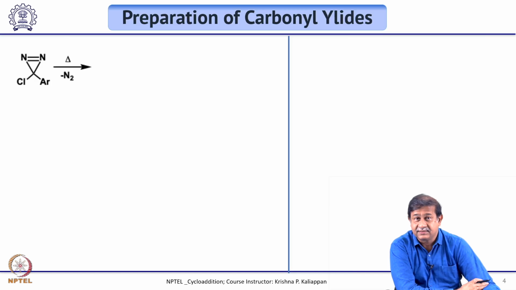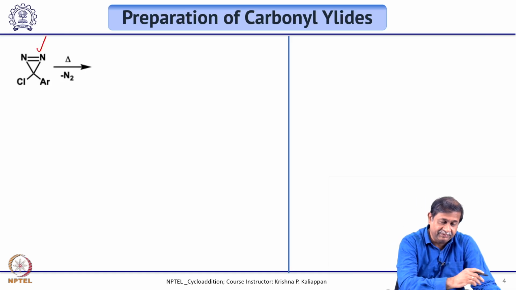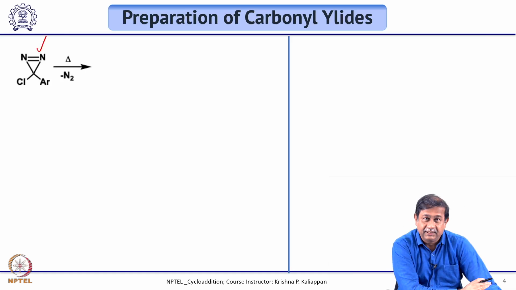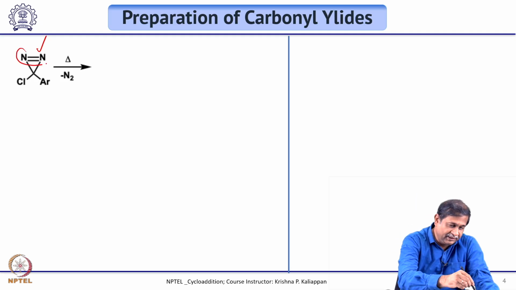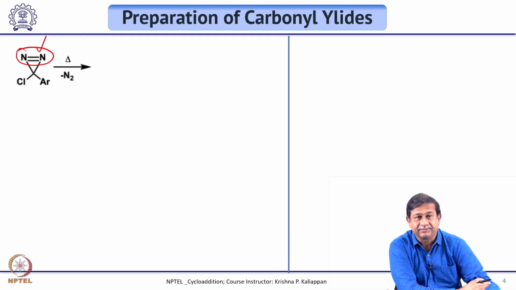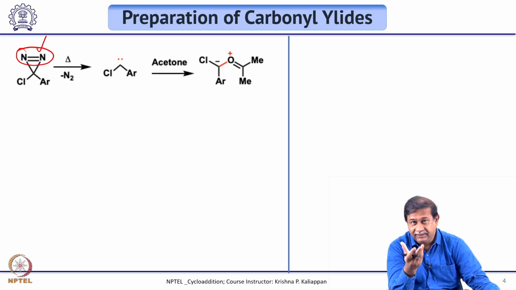There are other ways, as I discussed. Basically what you need is to generate a carbene. For example, if you take this simple 3-membered ring and heat it, it can immediately lose nitrogen to form a carbene. Once this carbene is formed, you can add any carbonyl group.